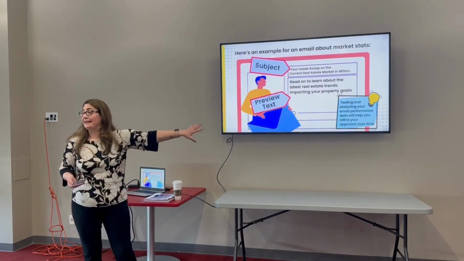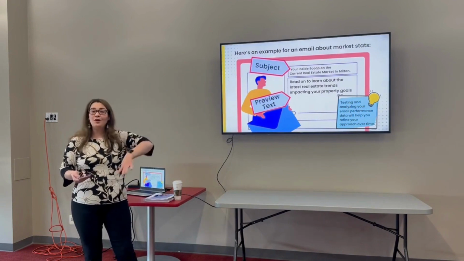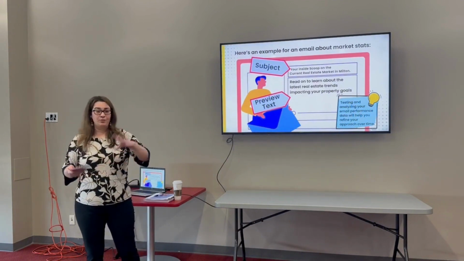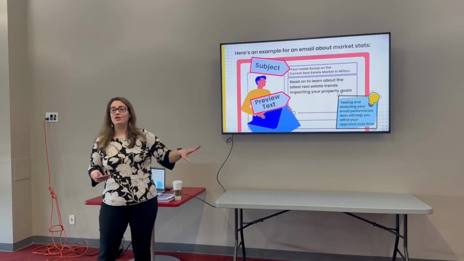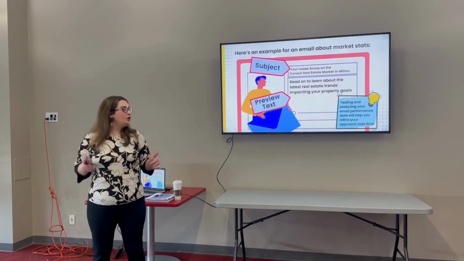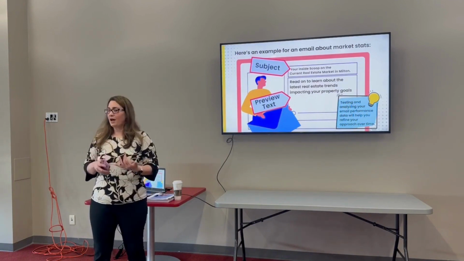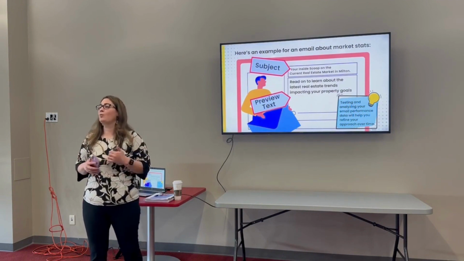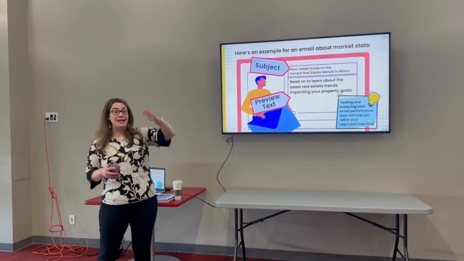Again, ChatGPT. If you've got your email content done, and let's say you are hosting an open house, copy and paste that content when you're done. Take it all out of MailChimp or wherever you've written it, dump it into ChatGPT and say, hey ChatGPT, can you suggest some subject lines and preview text for my marketing email that is promoting my open house this weekend? It's going to give you a list.